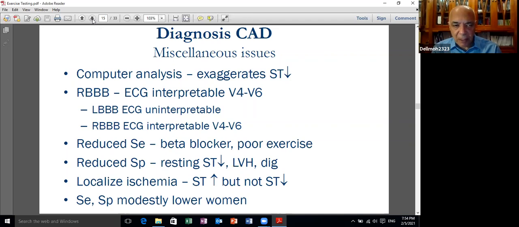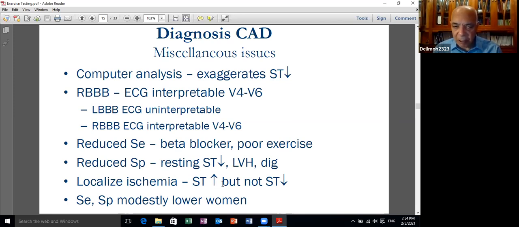If there is left bundle branch block or a pacing or a type B WPW, then under these circumstances, the ECG is not interpretable, and you have to go to exercise imaging. Factors that decrease the sensitivity include beta blocker and poor exercise capacity, and factors which reduce the specificity are resting ST changes, whether digitalis or left ventricular hypertrophy and strain.